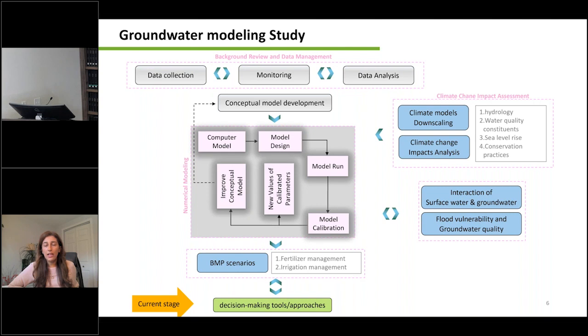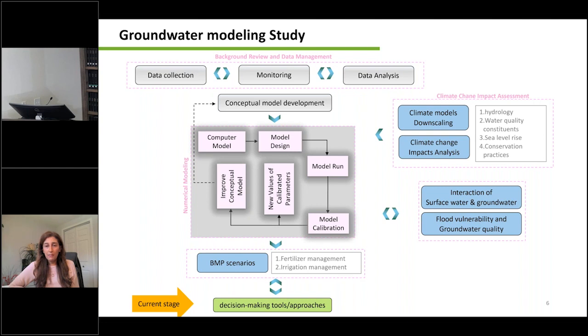That's possible using the global climate models and downscaling them, using different mathematical or statistical methods to downscale the scenarios and have them prepared for the area of Florida. And then using this model, we could see the impact of different practices in the future.